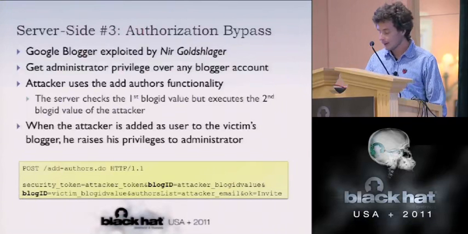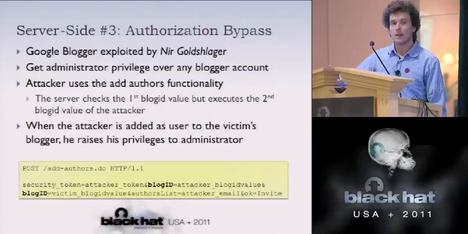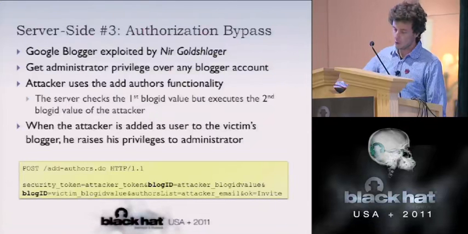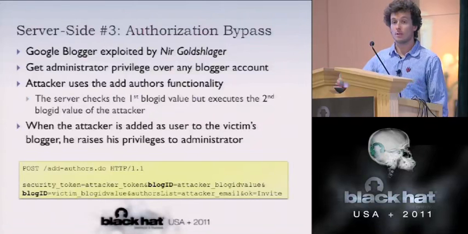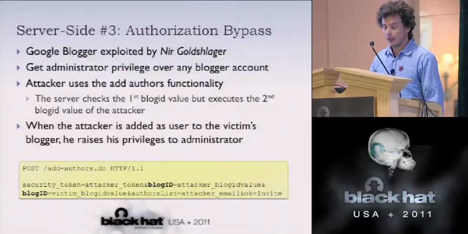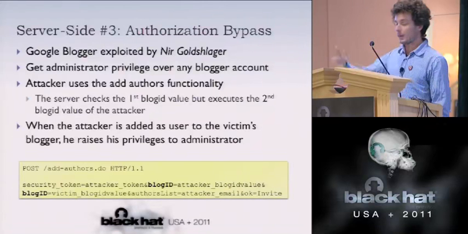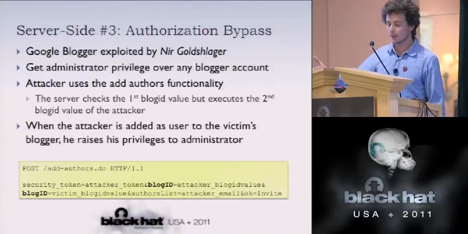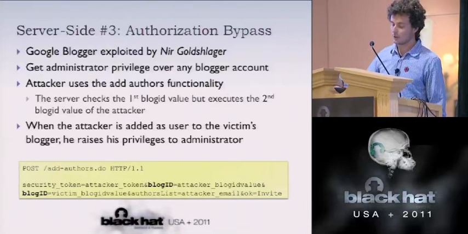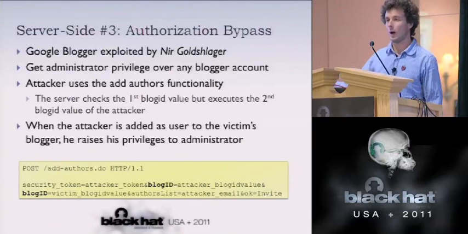The problem lay in the fact that in Blogger you can invite somebody else to be an author of your blog, and the server-side code did not check whether this parameter called blog ID was submitted once or twice.